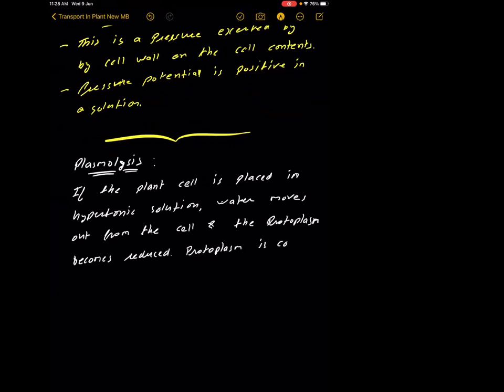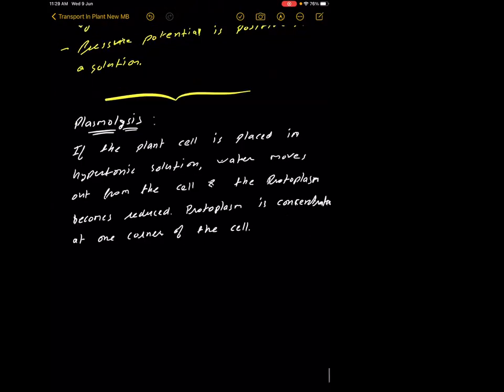Protoplasm is concentrated at one corner of the cell. The protoplasm becomes reduced and is concentrated at one corner.